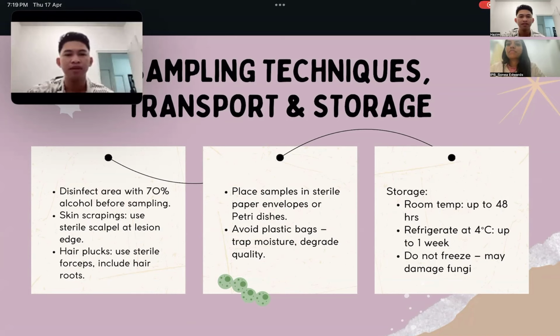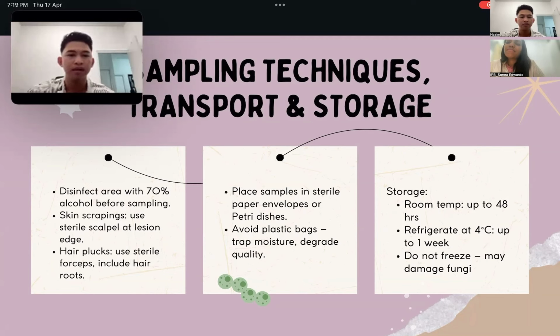For skin scraping, a sterile scalpel blade is used to gently scrape the lesion. Hair pluck should be obtained using sterile forceps, ensuring that the root is included for optimal fungal detection. After collection, samples should be placed in a sterile paper envelope or petri dish to prevent moisture build-up, which can encourage bacterial or fungal overgrowth.